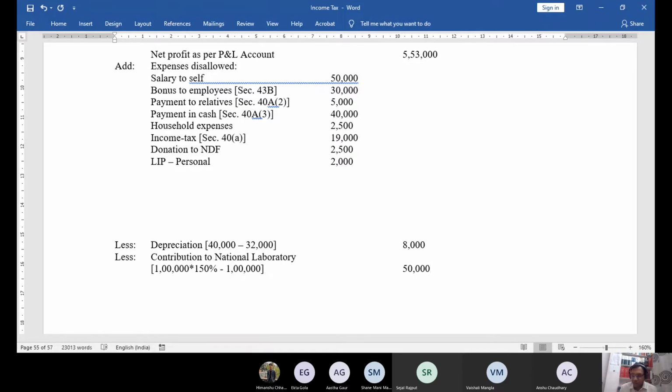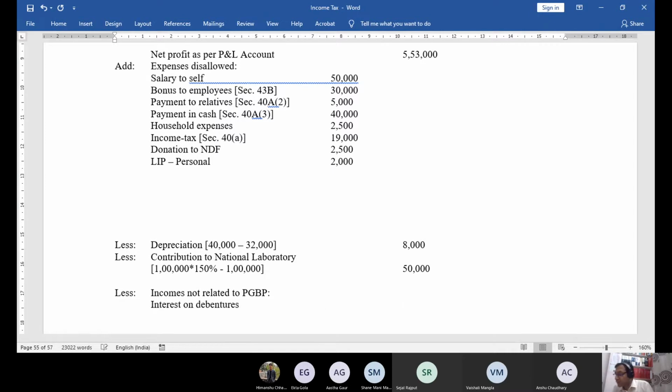Employer's contribution to RPF, correct, no problem. Credit side, sales, correct. Bad debt recovered, correct. Interest on debentures, make a heading: less, incomes not related to PGBP. So that is interest on debentures.